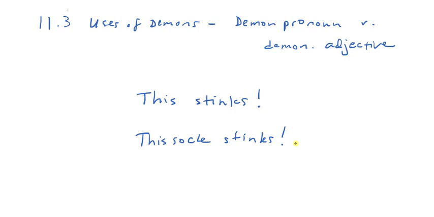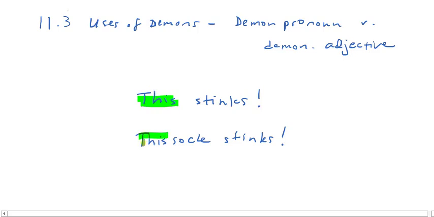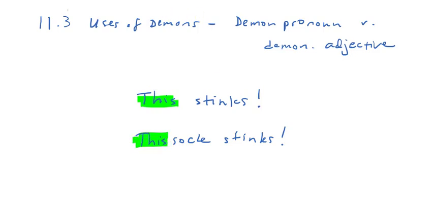Okay. Which one of these words is my demonstrative word? This. That's exactly right. So this is a demonstrative word. Which one of these is merely a demonstrative word functioning as a pronoun?